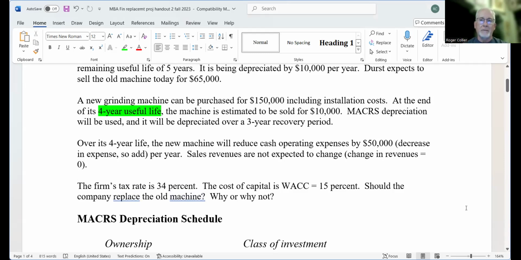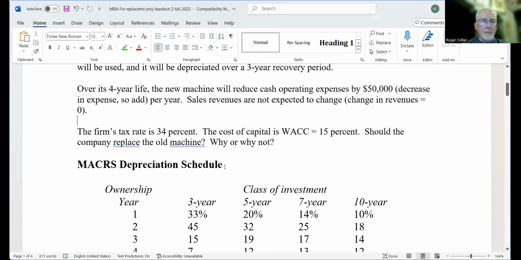Well, we're going to use the discounted cash flow method, right? Expected future cash flows, investors' required rate of return, NPV, IRR. Right? So let's work our way through those expected future cash flows for a replacement project. All right? We're going to use MACRS.